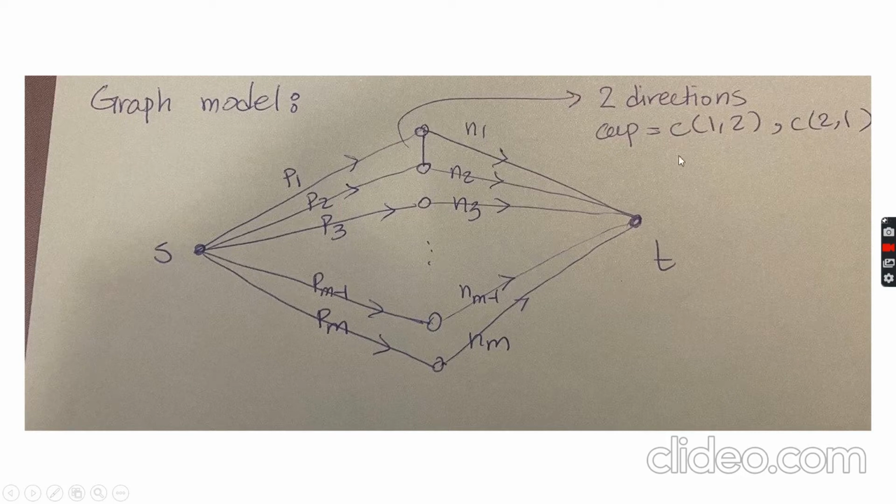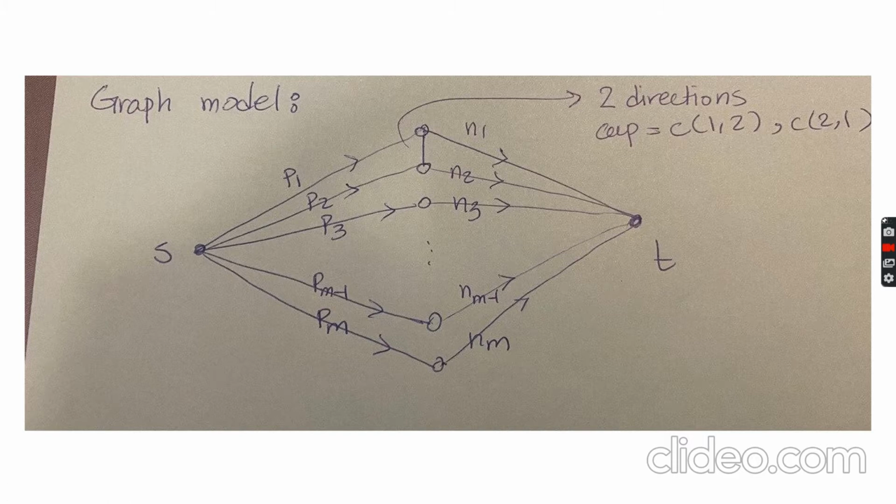Again, as we define, we assume that the first index comes from company P, and the second one comes from company N. So, for example, we define this side as C(1,2), and we define this side as C(2,1). So this is how our graph is defined.